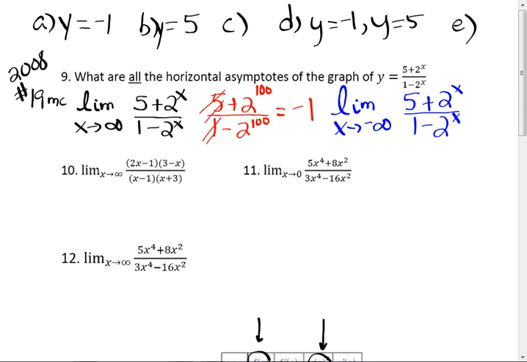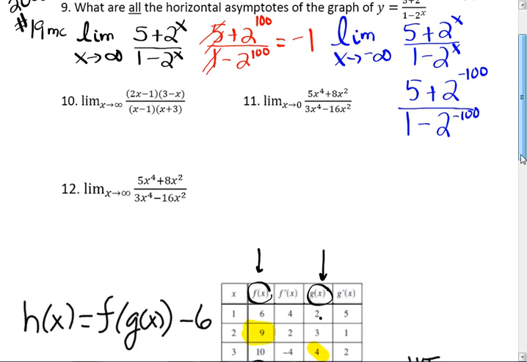So let's try some numbers. When you don't know, try some numbers. So we'll try x equal to negative 100. So it's 5 plus 2 to the negative 100 over 1 minus 2 to the negative 100. And then you have to think. Don't cancel the 2's.